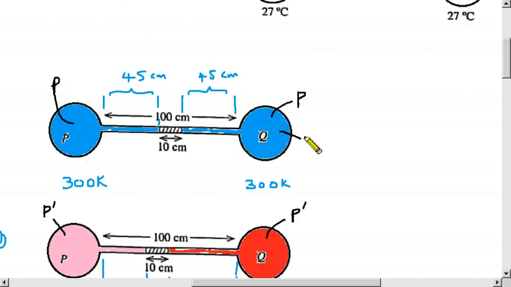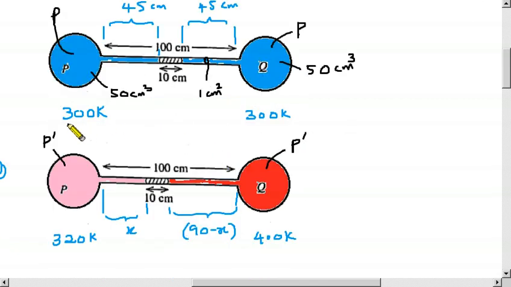This bulb has 50 cubic centimeter volume. This one also 50. The cross sectional area is given as 1 square centimeter.